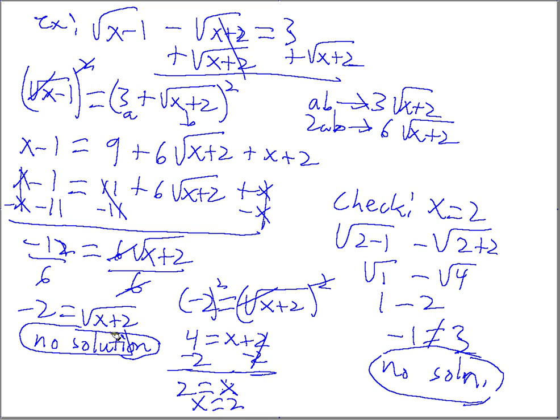But if the root index is odd, then it could be anything inside. It could be positive or negative, so it could be all real numbers in that case. So keep that in mind. For square root, or the fourth root or any even number root index, if you isolate it, it cannot be a negative number. Otherwise, there will be no solution.